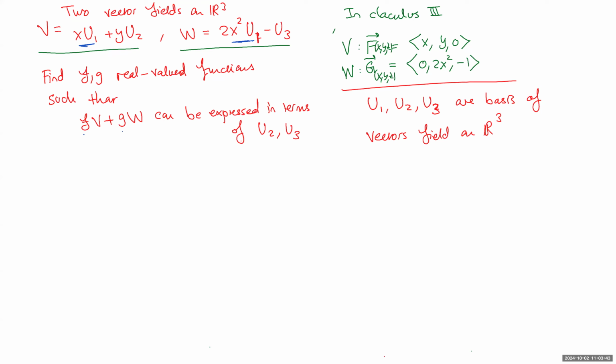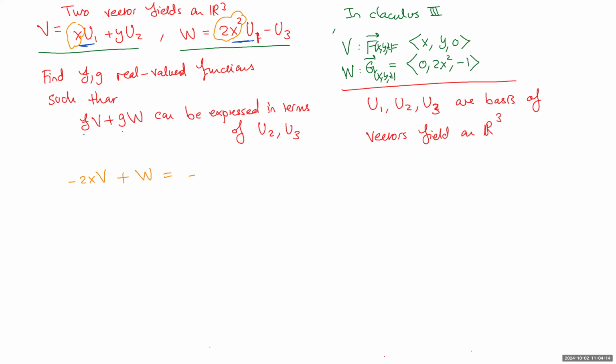And it's not hard to see. f, g are real valued functions. Here this is 2x squared, this is x, and we need to eliminate that. So you multiply V by negative 2x, plus W, and you will have a 0 in U1, right?